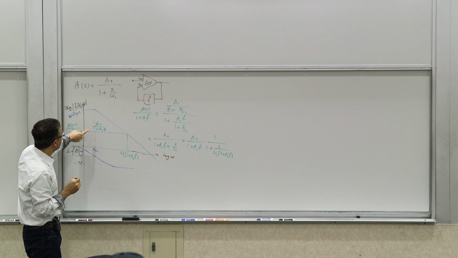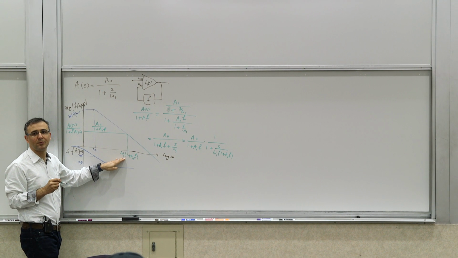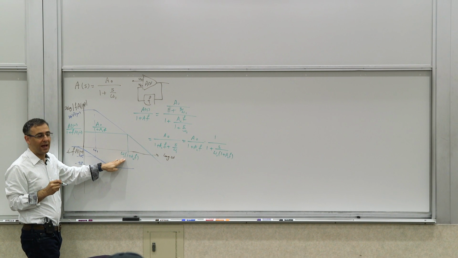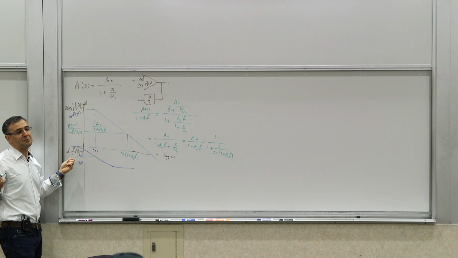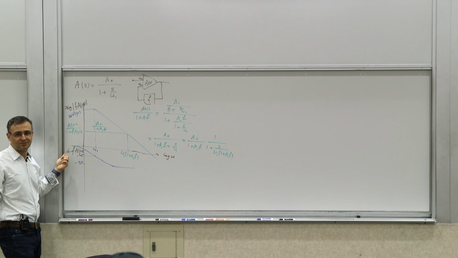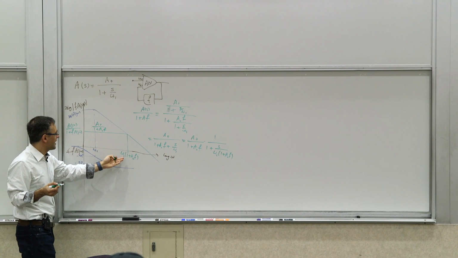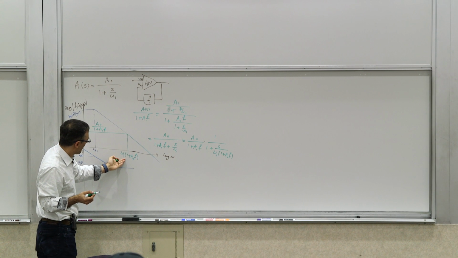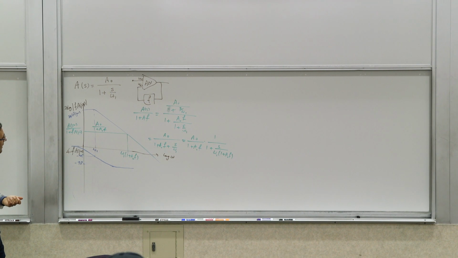So you can easily see that your DC gain went down by the same factor that your 3 dB frequency, or omega h, went up. And their product has remained the same, right? This is a classic example of a gain bandwidth product. So the gain bandwidth product, omega 1 times A0 here, is the same thing as omega 1 times 1 plus AF times A0 divided by 1 plus A0 AF.